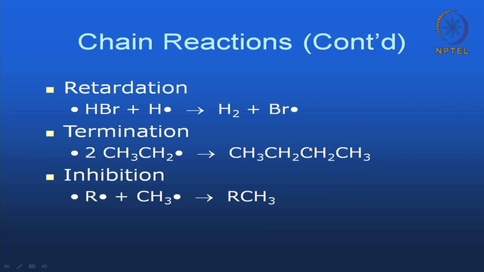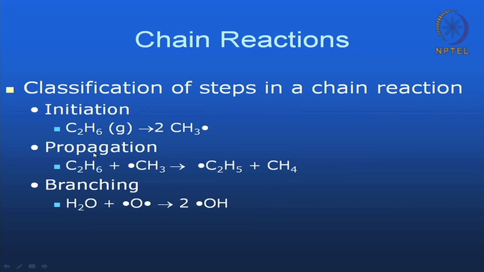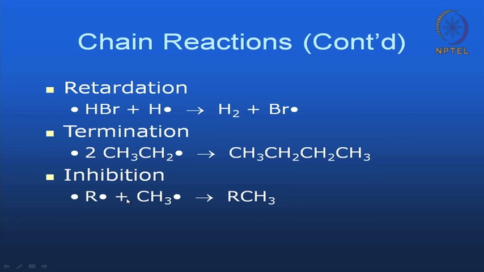That means it is a termination step. Inhibition means that will act as an inhibitor, similar to retardation. So, a chain reaction will have initiation, propagation, termination, retardation, branching and maybe inhibition.